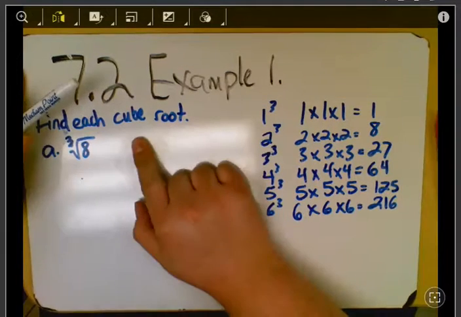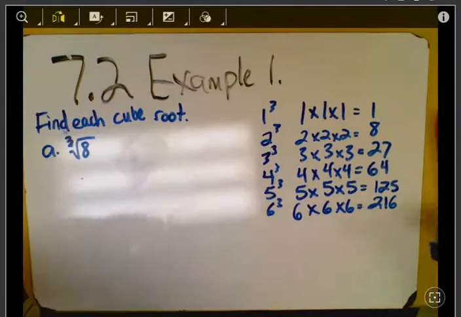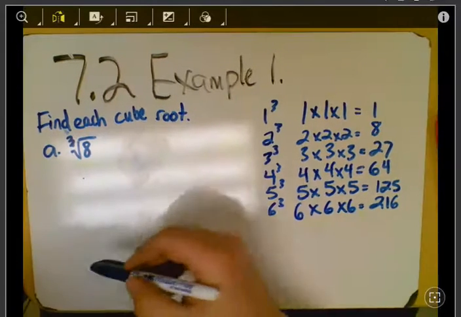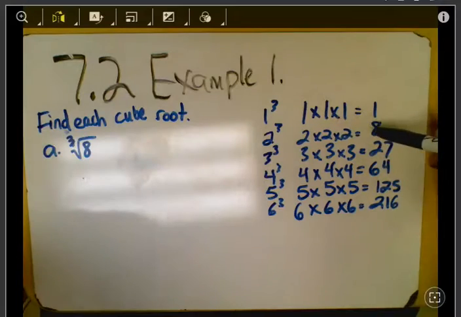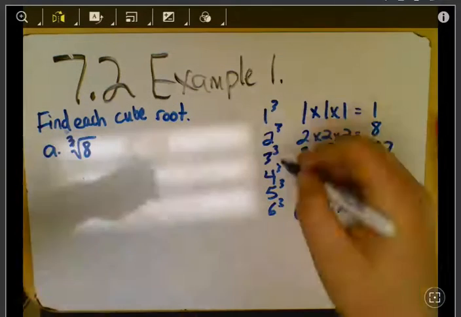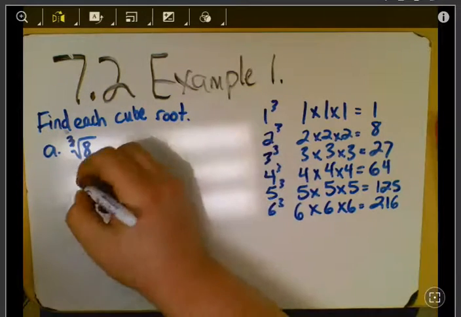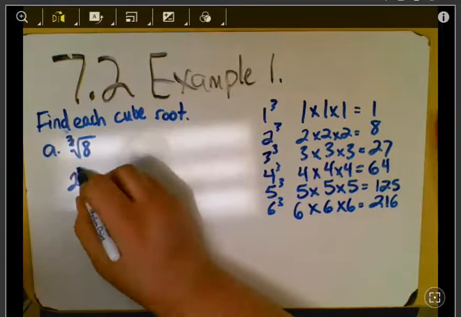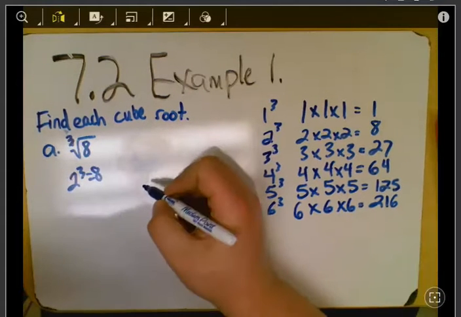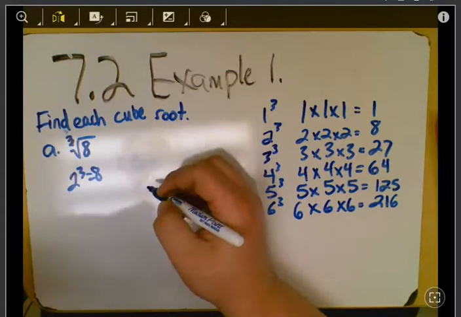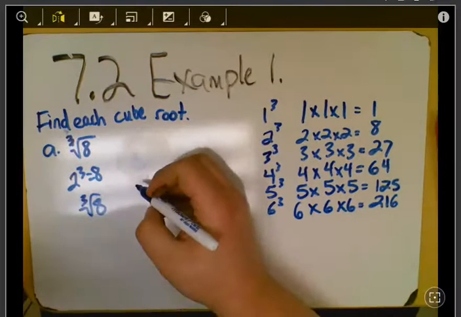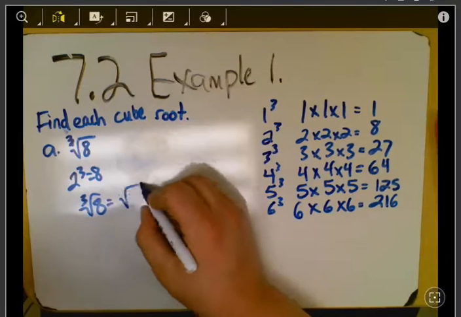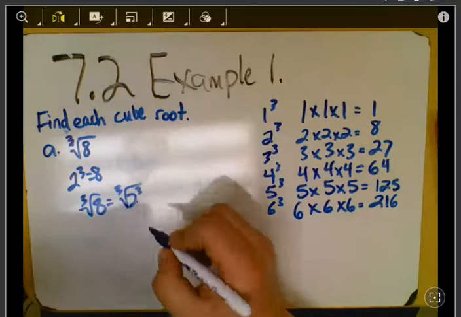That means we need to find what number times itself 3 times gives us 8. Let's look at our list of perfect cubes over here. We have 2 times 2 times 2 gives us 8. So that means 2 to the third power. Since 2 to the third power equals 8, we know that the cube root of 8 is the same as the cube root of 2 to the third power.